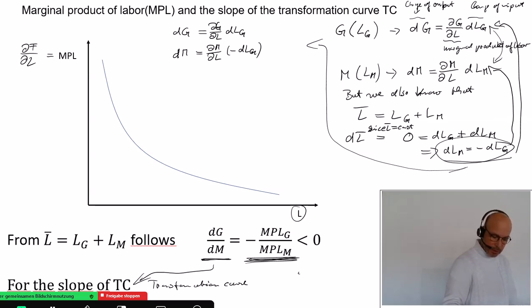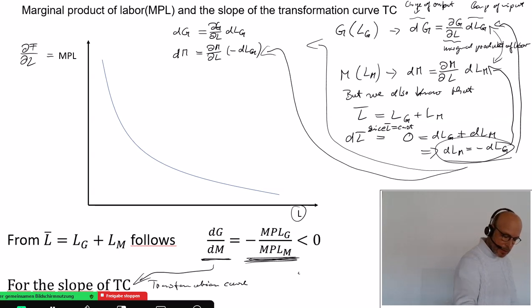We have just inserted this into this equation. And what we are now doing is we are dividing both equations, taking the relation of the left equals the relation of the right side.